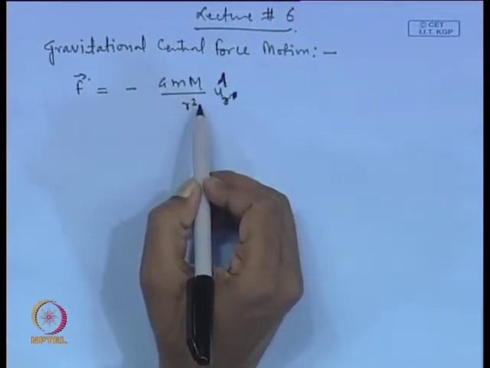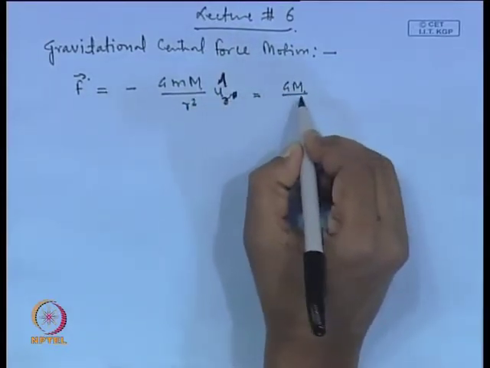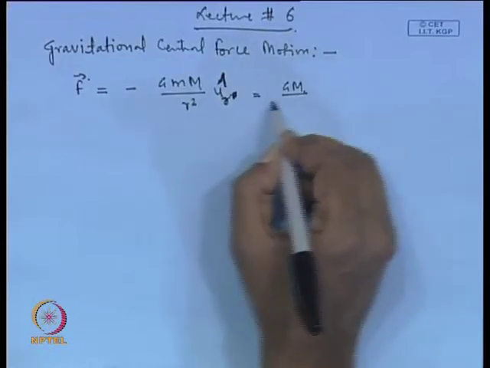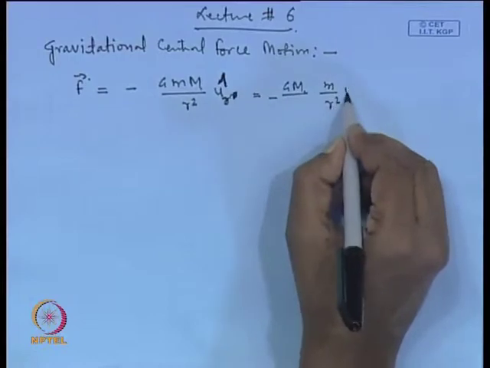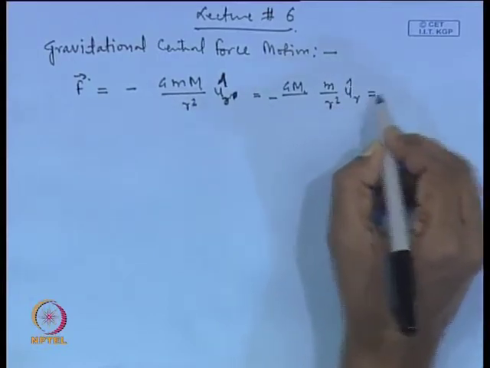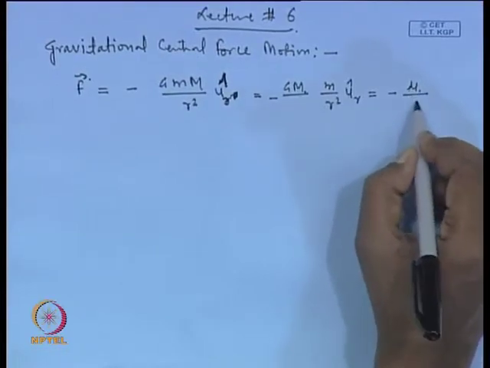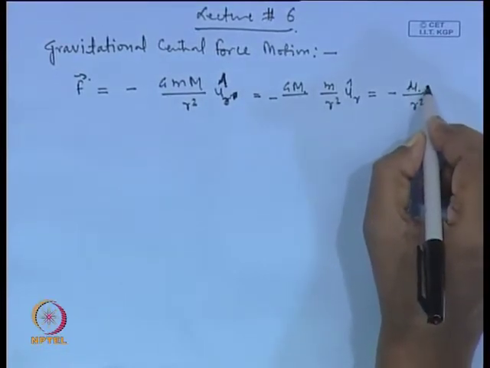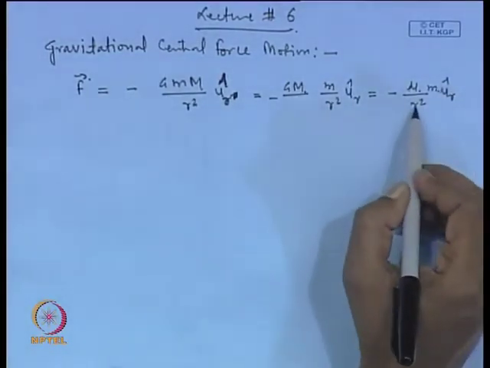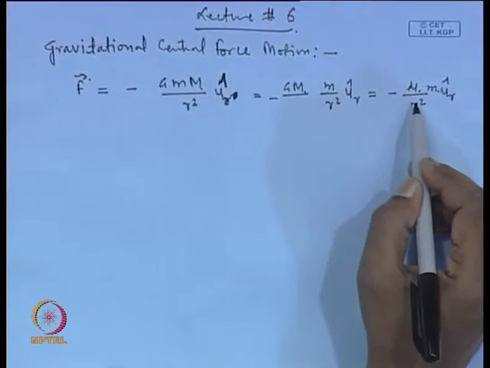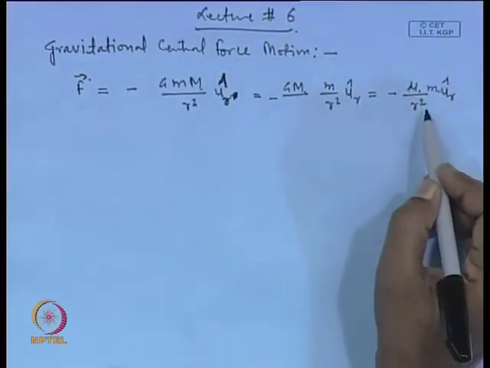So, writing G times M as mu, this can be represented as mu by r square m times u r cap, where mu is a constant of proportionality, because here we are just assuming it is a central force motion.